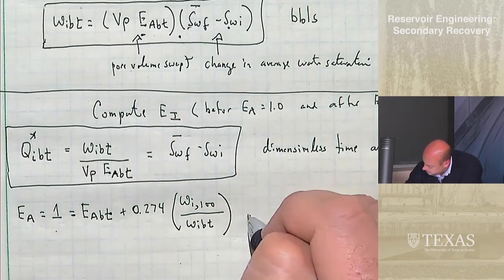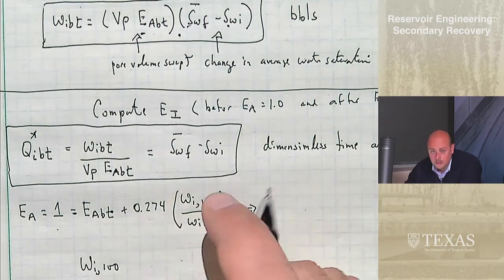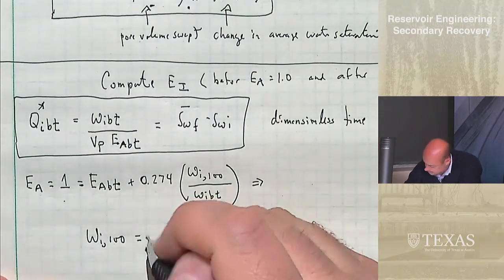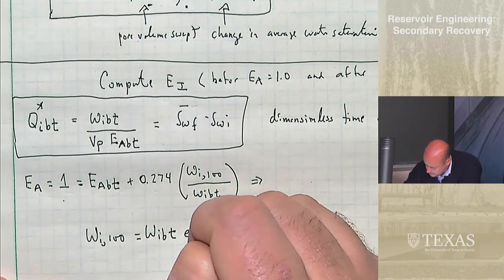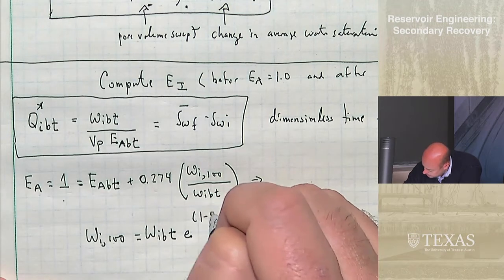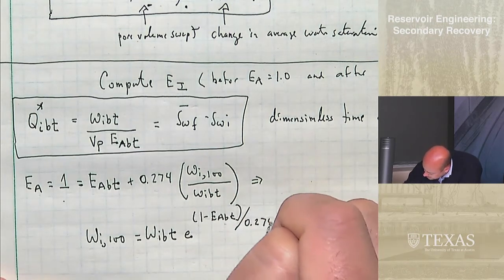And then you could solve for WI 100. So I'll say that WI 100 is equal to WI at breakthrough, E to the 1 minus EABT divided by 0.274.